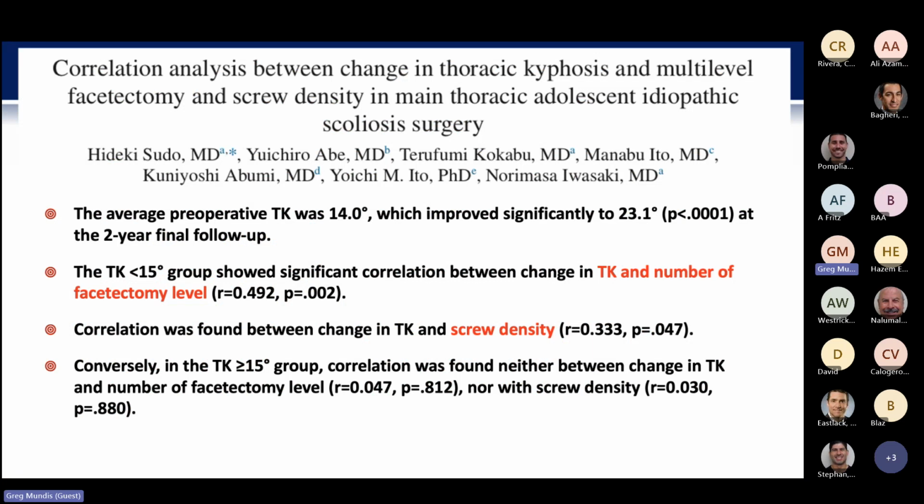So if you look at this, the number of facetectomy levels, there was a correlation between the ability to achieve kyphosis through the spine. So I do think that's important. And so I think you need to understand ahead of time if you have a really lordotic thoracic spine versus a relatively normal one.